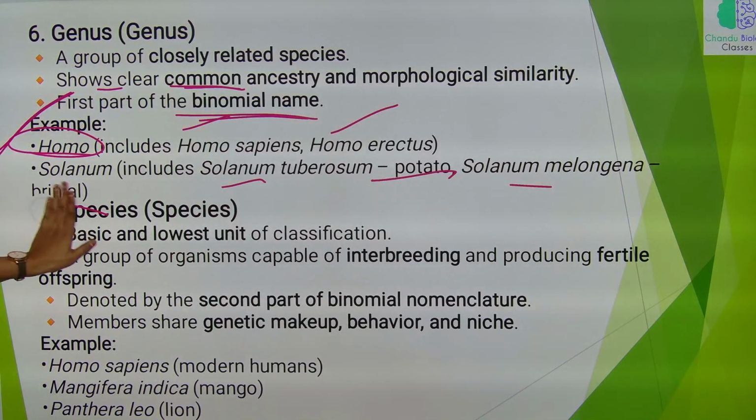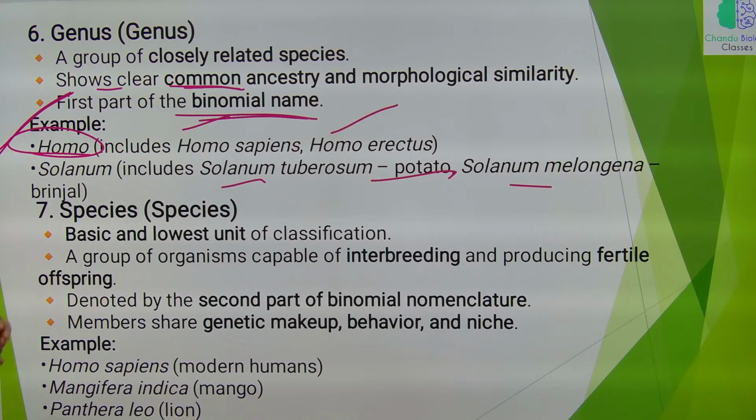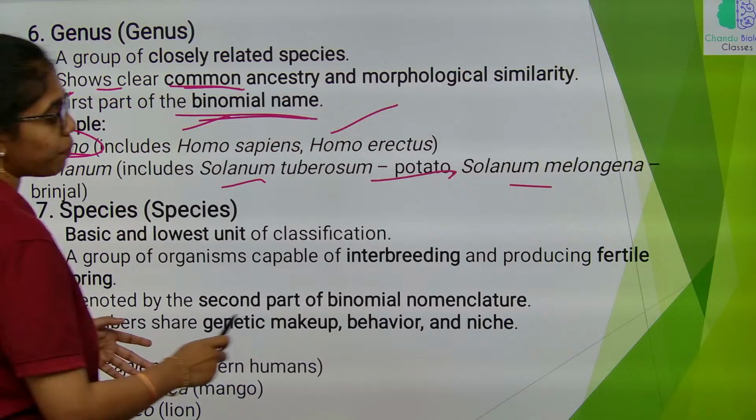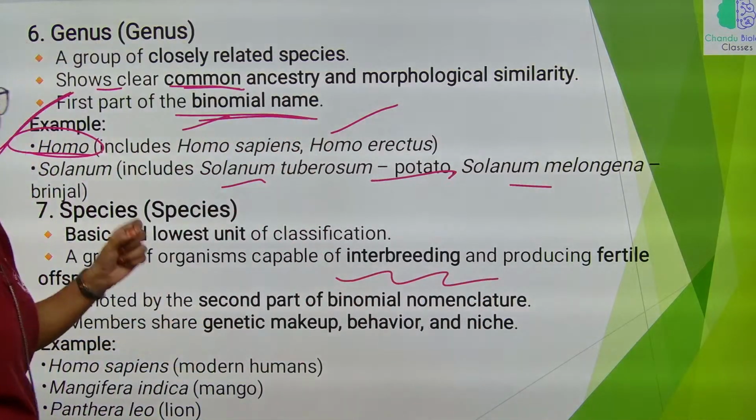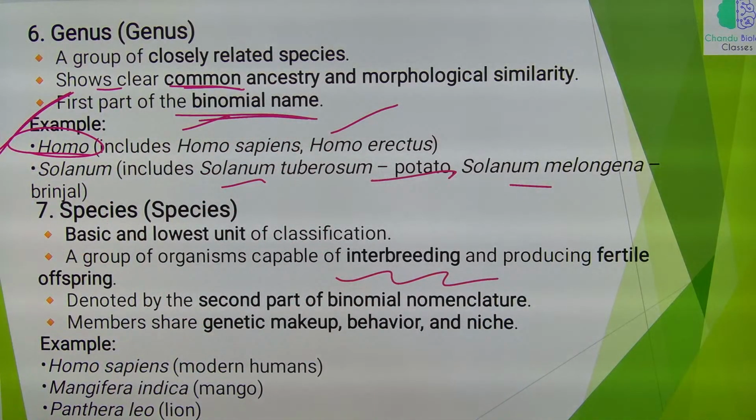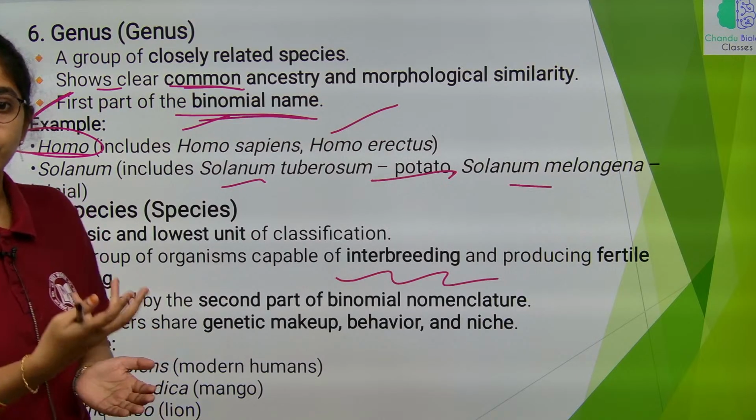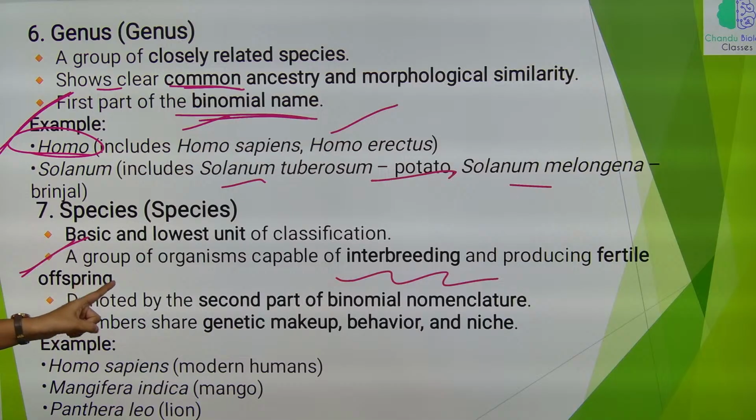Okay. Last is species, which is the basic lowest unit of classification, a group of organisms which are capable of interbreeding and producing fertile offspring. According to which concept? Biological species concept by Ernst Mayr.